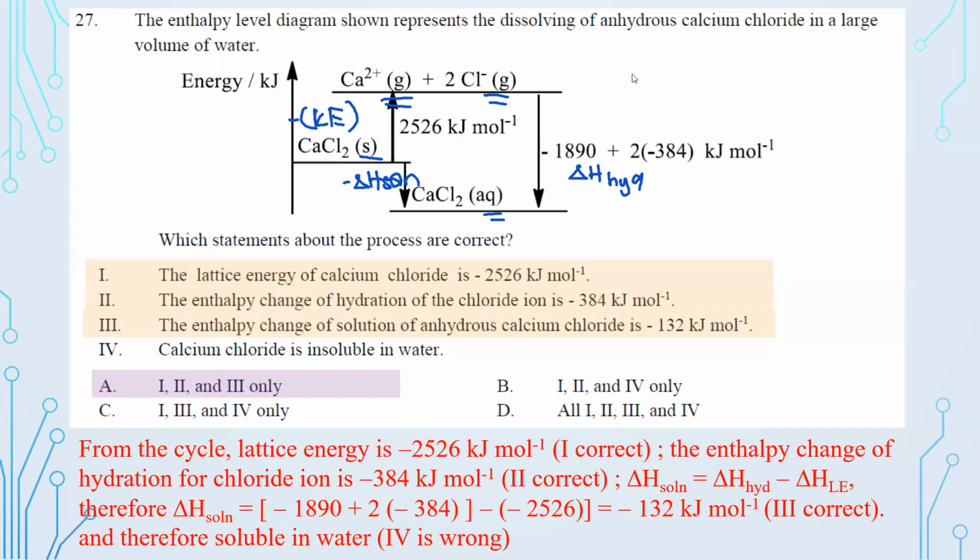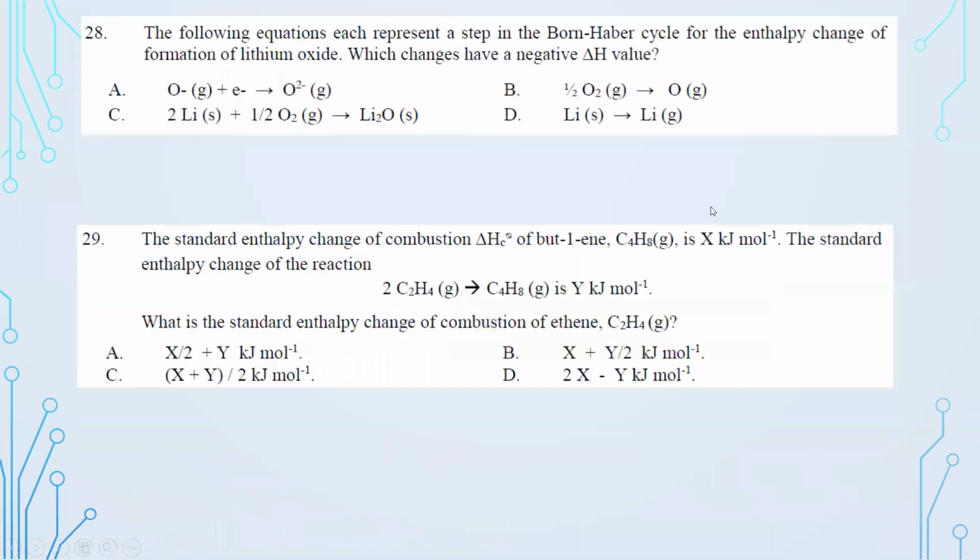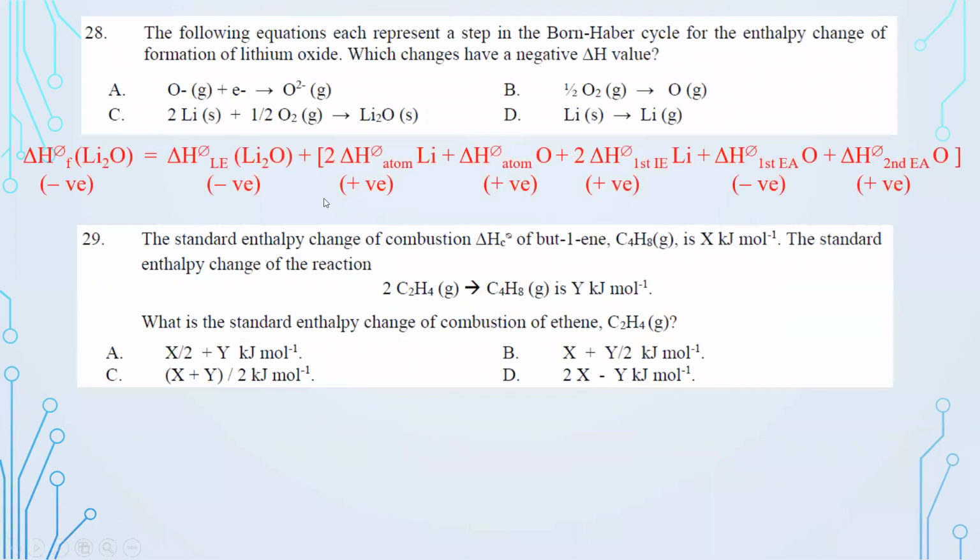Okay, straight away we go to question number 28. So 28 sounds like this. The following equations each represent a step in the Born-Haber cycle of lithium oxide. Which of the following has a negative value? So we say that enthalpy change of formation is equal to lattice energy plus whatever summation here: atomization of lithium, atomization of oxygen, first ionization energy of lithium, first electron affinity of oxygen, second electron affinity of oxygen.